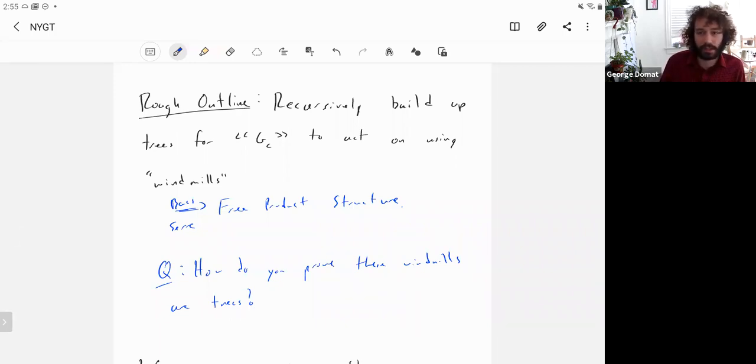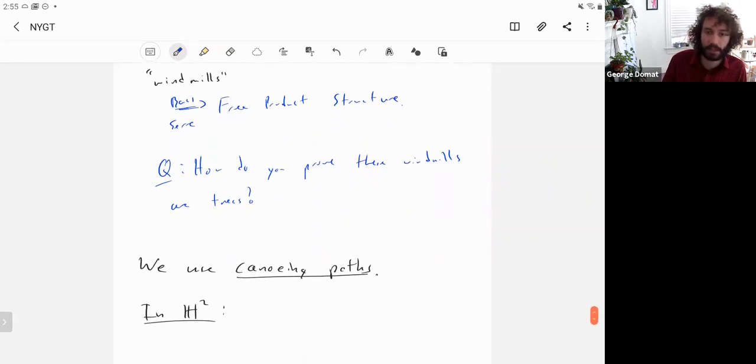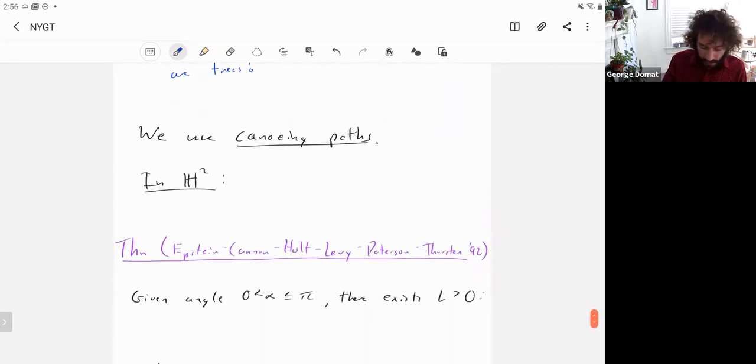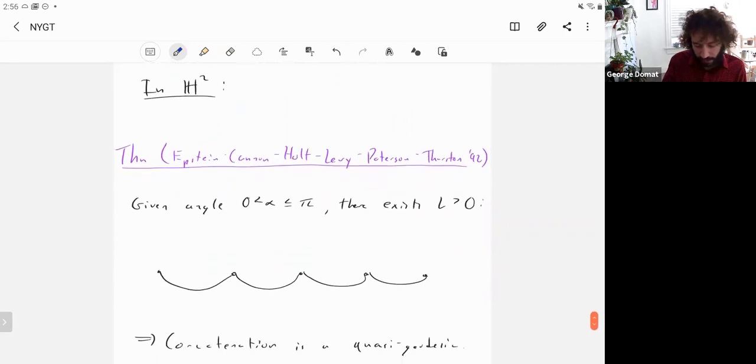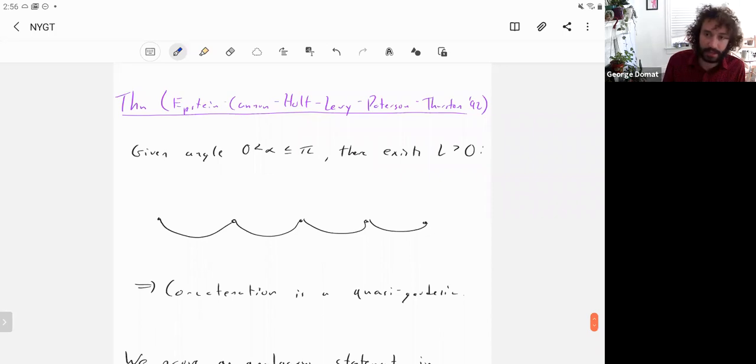And what we use that's different than what they do in CMM is something called canoeing paths. These go back to some basic hyperbolic geometry. There's this theorem that I'm not sure exactly who it's originally due to, but we found it in writing in this book of Epstein, Cannon, Holt, Levy, Paterson, Thurston. It might be originally due to them. So what does it say? This is all happening in H2.